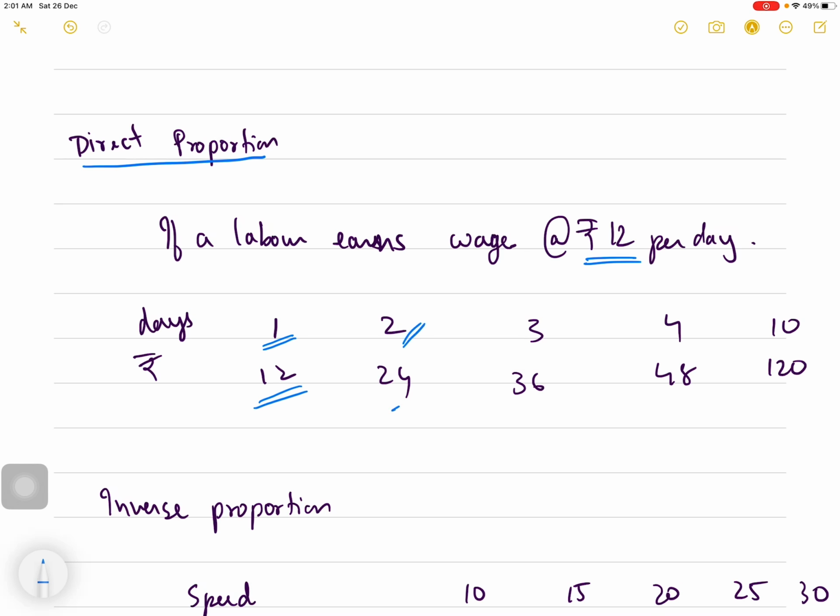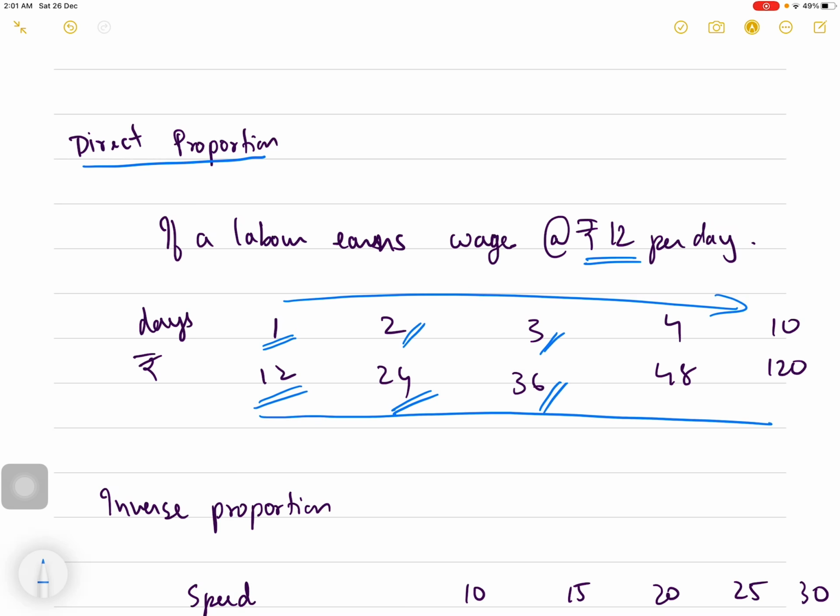If he works for 2 days, he will earn 24 rupees. If he works for 3 days, he will earn 36 rupees, right? So the number of days keeps on increasing, and the amount of wages also keeps on increasing. So that is direct proportion. When one ratio keeps on increasing, the other also keeps on increasing. If one goes on decreasing, the other also decreases. In the given example, the number of days is increasing, the wages also is increasing. So that is direct proportion.